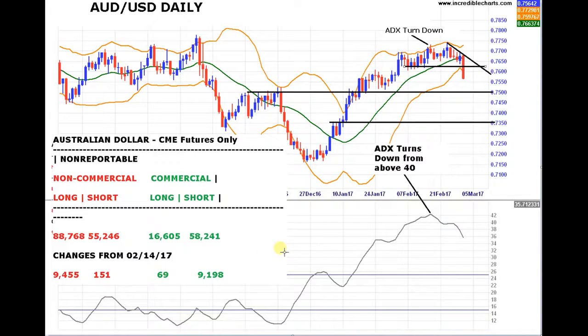Now, we did do a video, I think it was about 12 days ago, and we showed the positions, and at that time the non-commercials put in about 5,000 longs and the commercials about 5,000 shorts. So both groups have doubled up. In terms of a break to the downside coming, this gives us a little bit of confidence because we know that into the 77 level both groups are speeding up their longs and shorts, and we think commercials are obviously going to come out ahead.